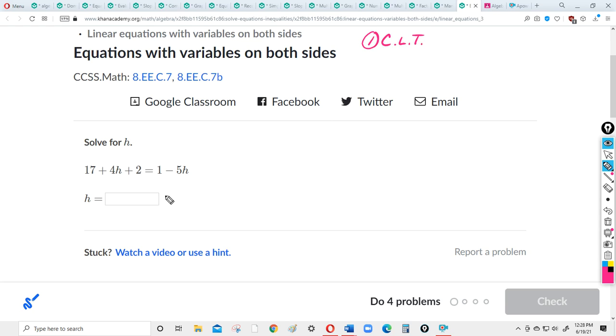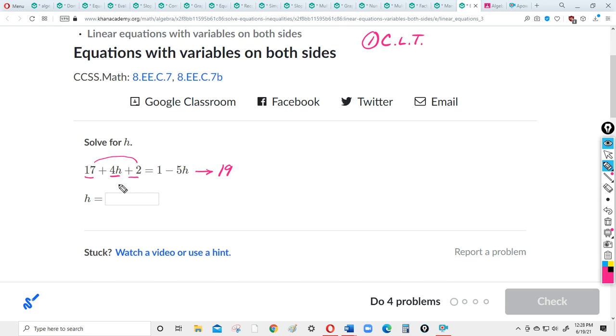Before you add or subtract anything to each side of the equation, you want to combine like terms on each side of the equation. Here on the left hand side we have a 17 and a positive 2. 17 plus 2 is going to be 19.